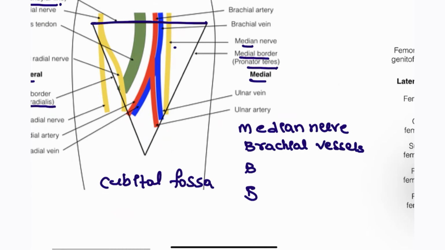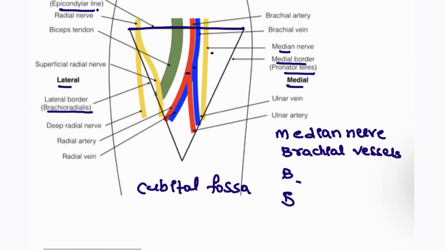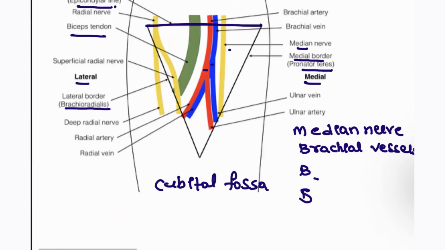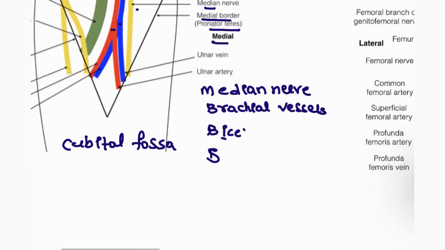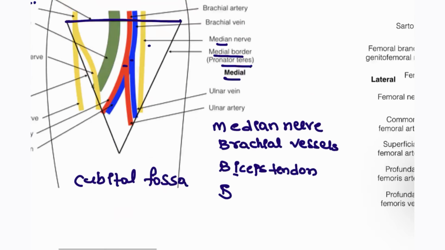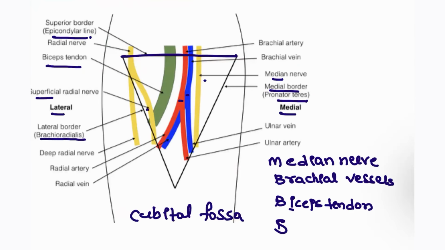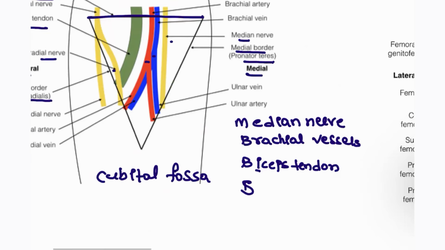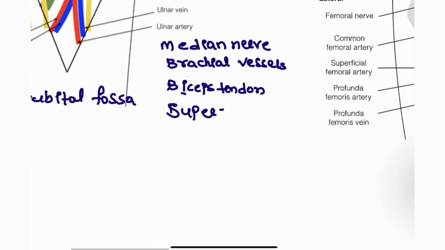Another B is for the biceps tendon. And S is for the superficial radial nerve. This is the content present in the cubital fossa.